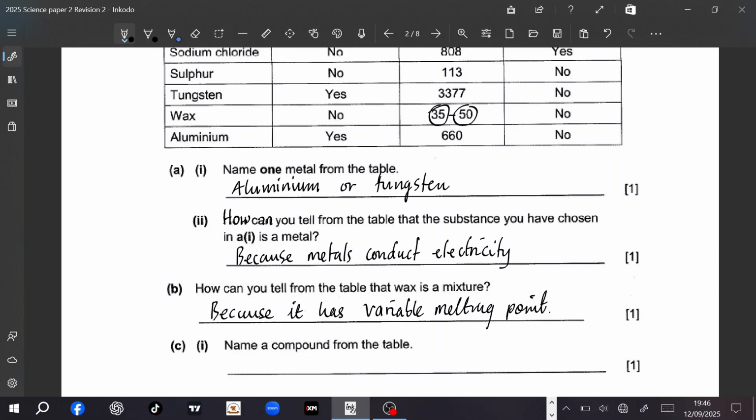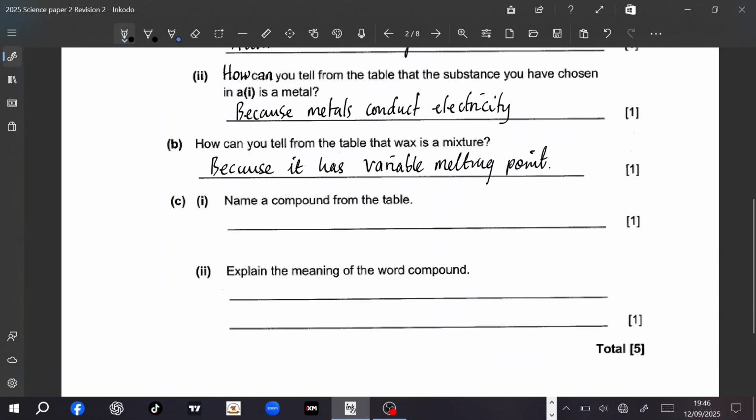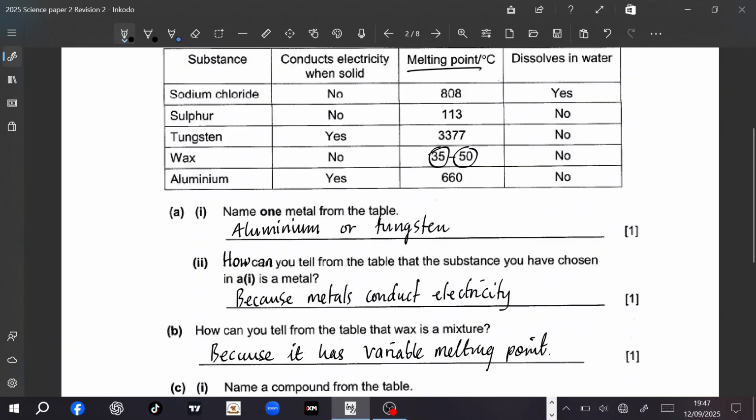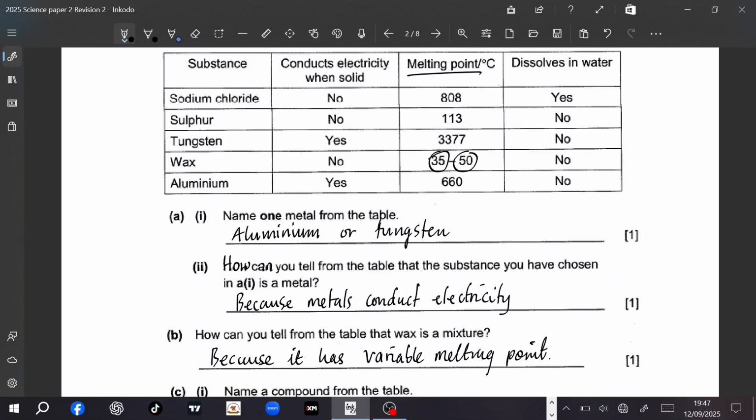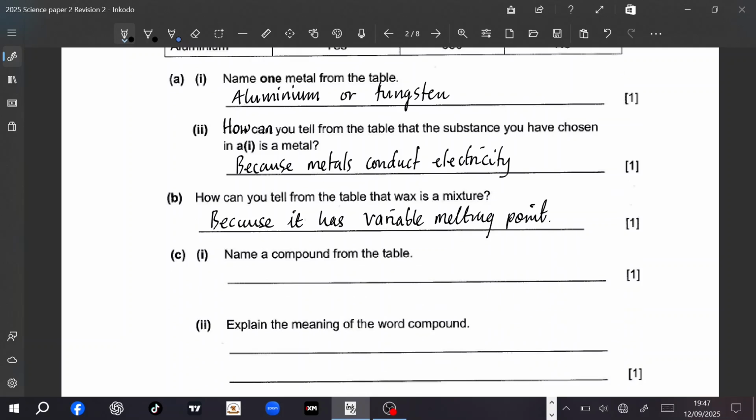Okay, then we move on to C1. C1, they're saying, name a compound from the table. So from the table, which one is a compound actually? Sodium chloride. Sodium chloride is a compound. Why?